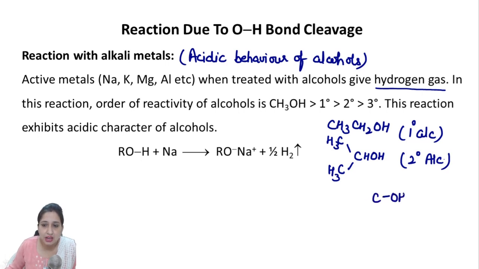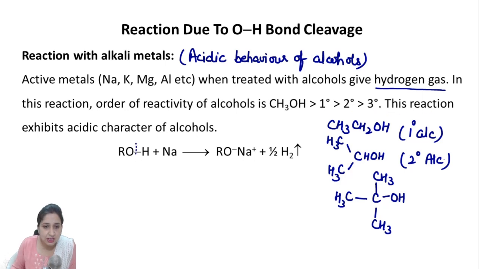Similarly, if this carbon is attached to 3 more carbons, then it is a 3 degree carbon and the alcohol is a 3 degree alcohol. So towards this reaction, the order of reactivity is methyl more than 1 degree, more than 2 degree and more than 3 degree.